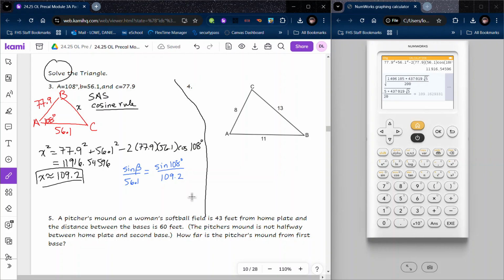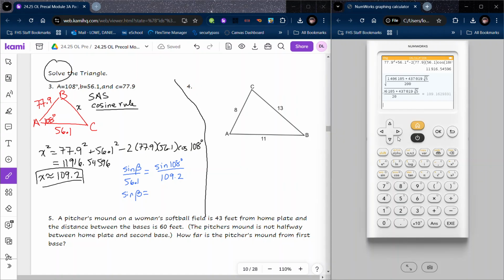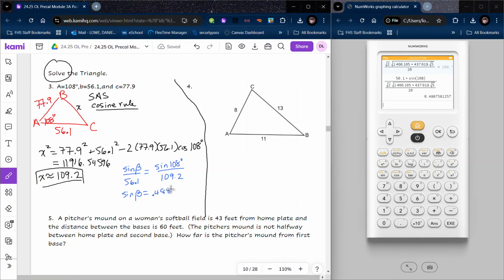Okay, so to make this computation, I'm going to have 56.1 times the sine of 108, close parentheses, then divide by that 109.2, which was my previous answer, and that gives me 0.488758 approximately.